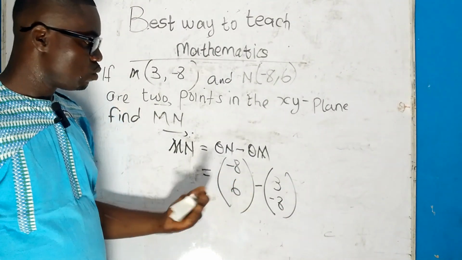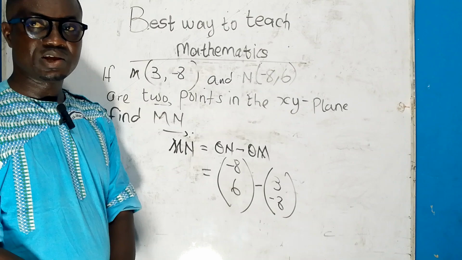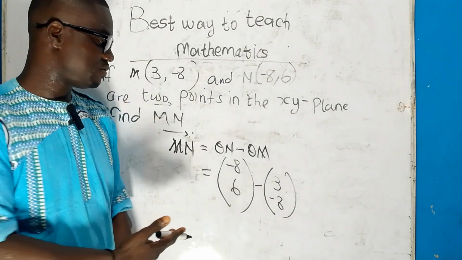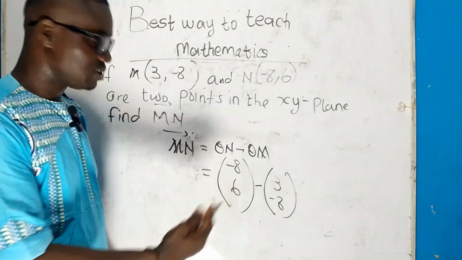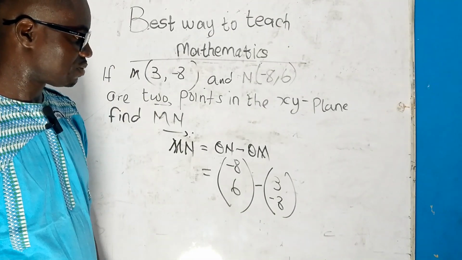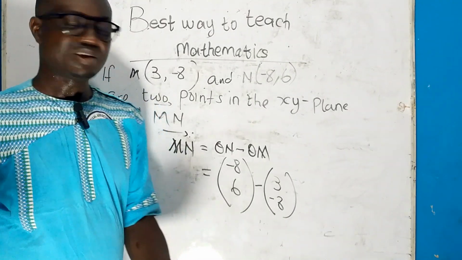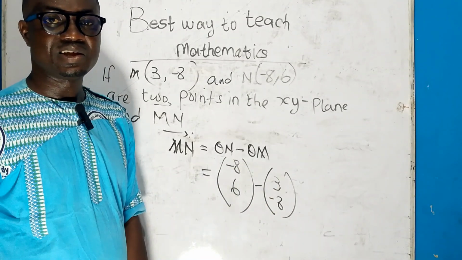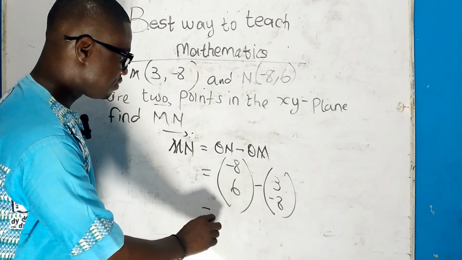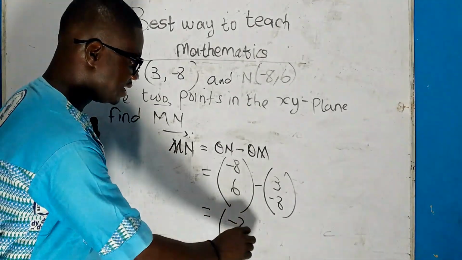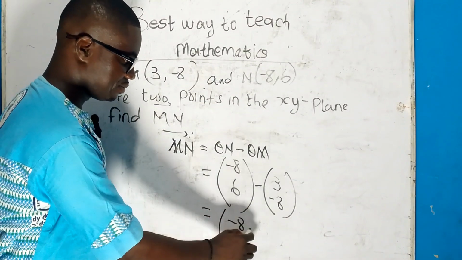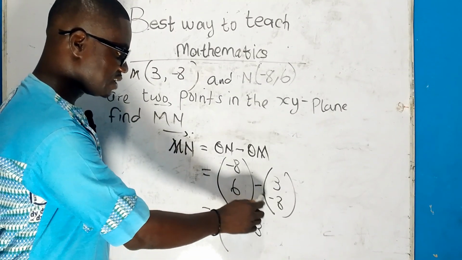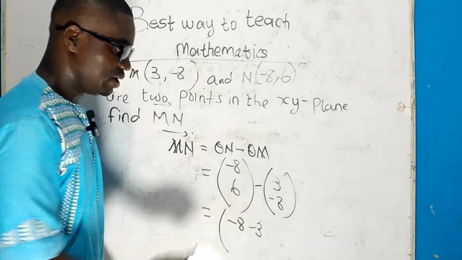Now from here, we do our simplification. I guess you can try to solve the question from here. Yes, take a minute and try. Good. I believe that at least one person has been able to simplify the first expression. So we have negative 8 minus 3. 6 minus minus 8.